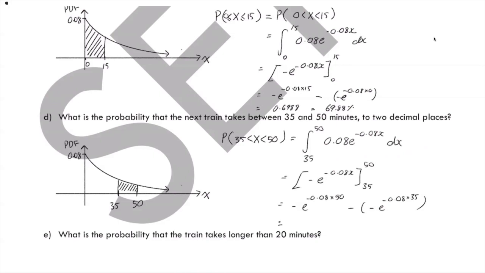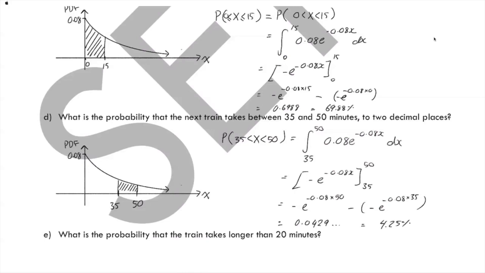No, because I put the 50 and the 35 in the wrong way. Oh, okay. So it's only a 4.25% chance. Yeah. Okay, that makes sense.